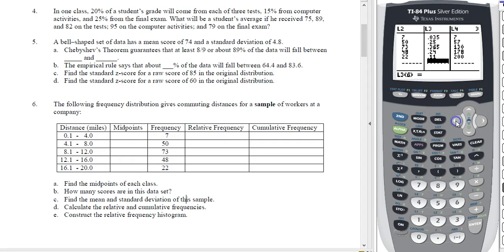Let me put those into list 1. Clear out these old numbers from list 1. Arrow up, clear, enter.